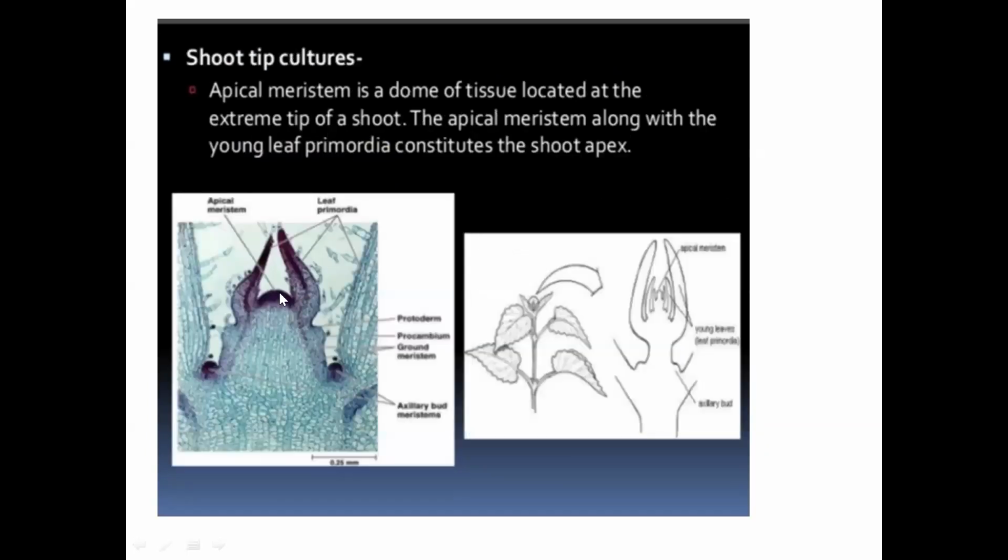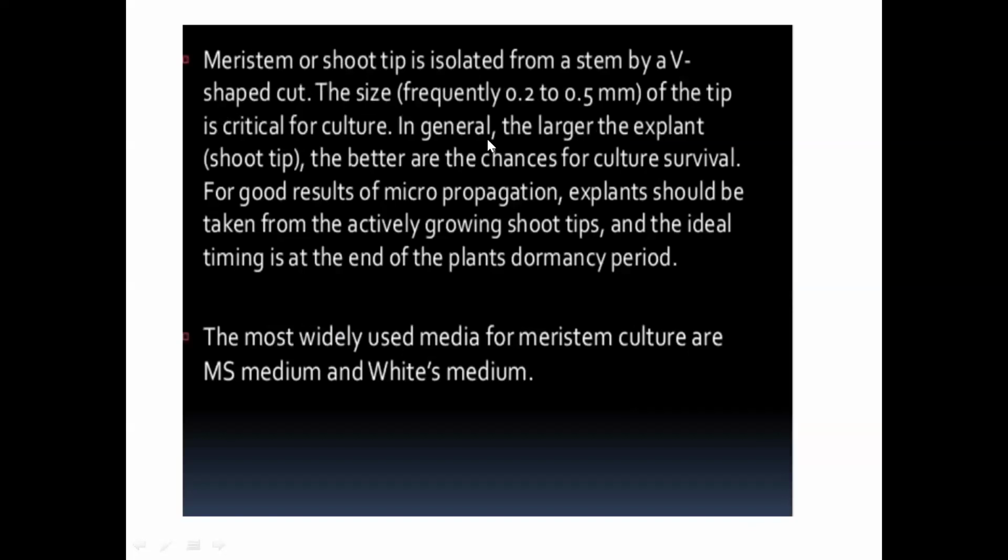You are taking this portion for callus development and micropropagation, so it will be rich in meristematic cells. The apical meristem is cut for micropropagation. This shows how it is cut as a V-shaped cut.